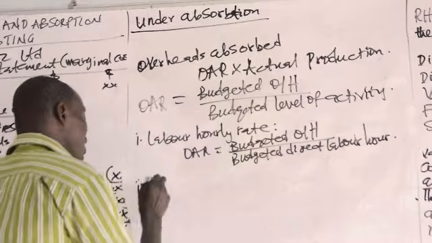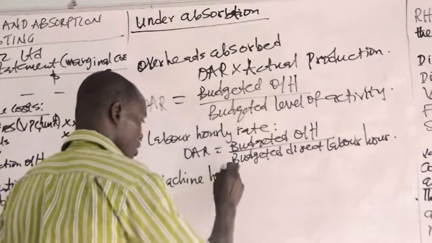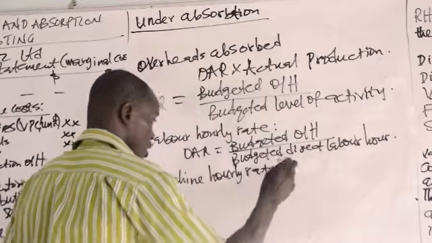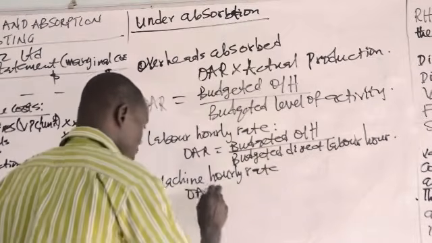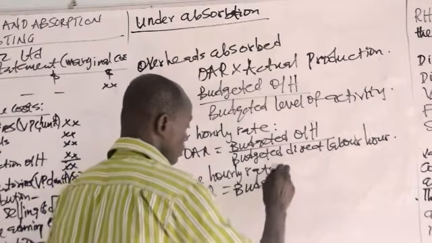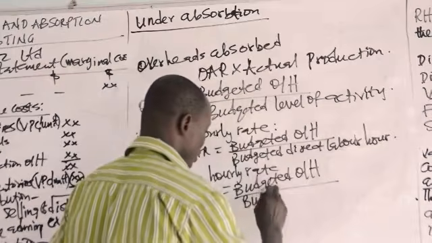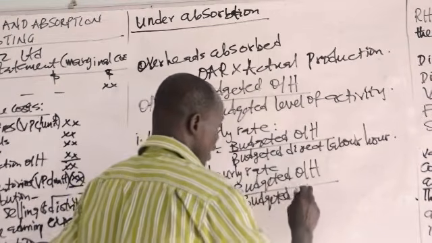For machine hourly rate, where it is used as the basis, your overhead absorption rate will be budgeted overheads over budgeted machine hour.